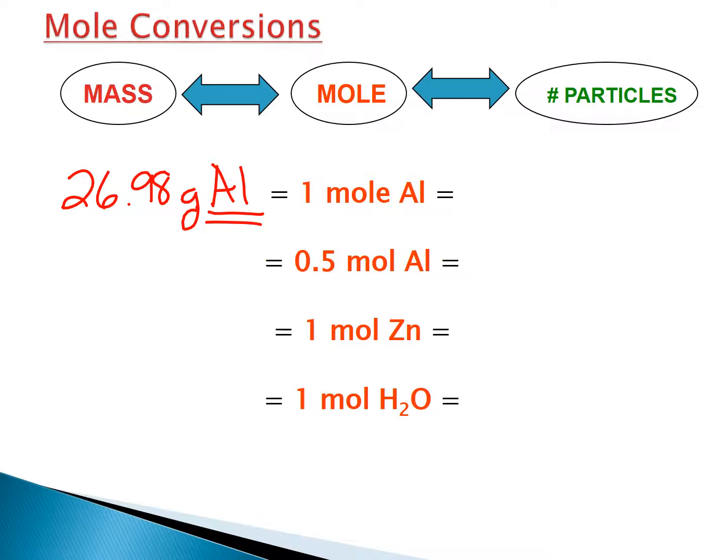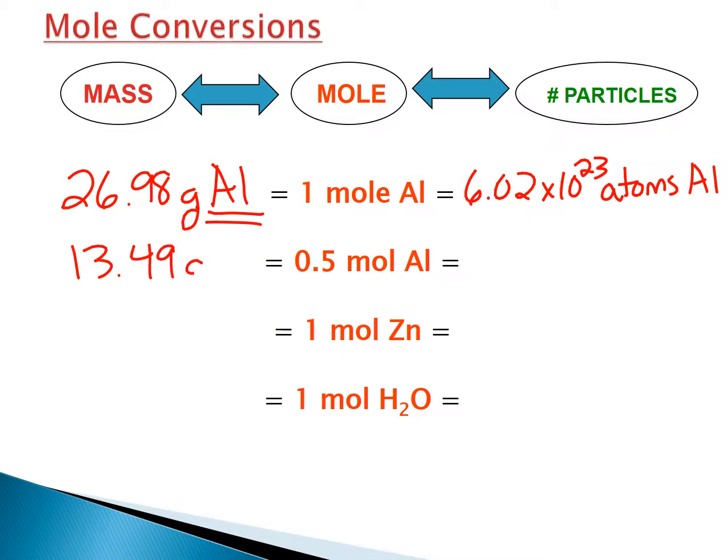Now, 1 mole of anything has 6.02 times 10 to the 23rd particles. So in this case, I have 6.02 times 10 to the 23rd atoms of aluminum. If I have half a mole, that means the mass is divided by 2, so I have 13.49 grams. And again, my number of atoms is divided by 2, so 3.01 times 10 to the 23rd atoms of aluminum.